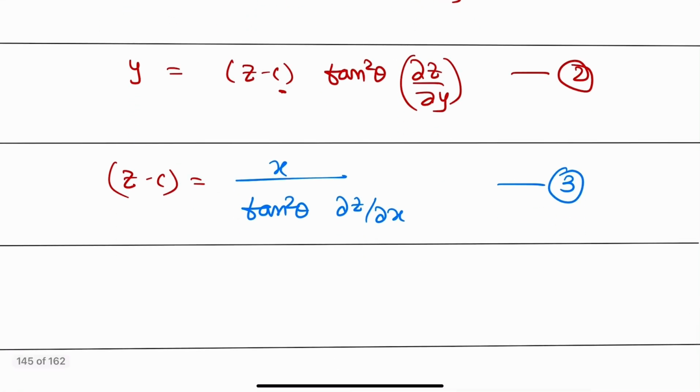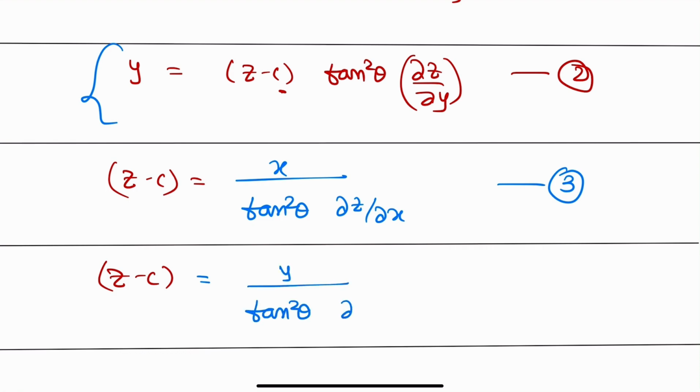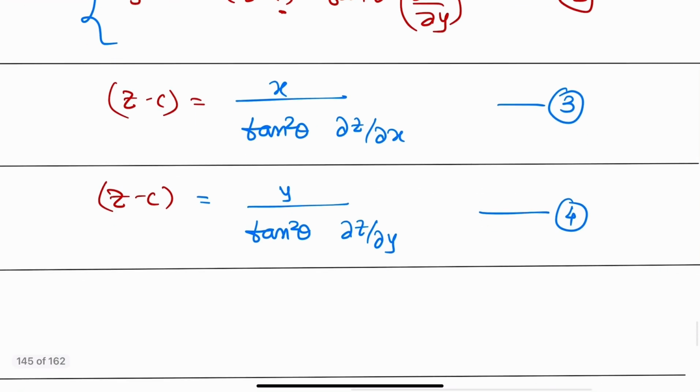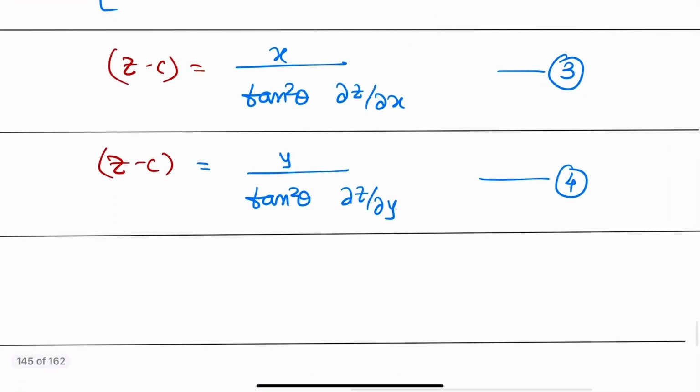Similarly, from here we can write z minus c equals y upon tan square theta into dou z by dou y. Okay, this is 4. From 3 and 4 we see the LHS is the same, so the RHS should be the same.